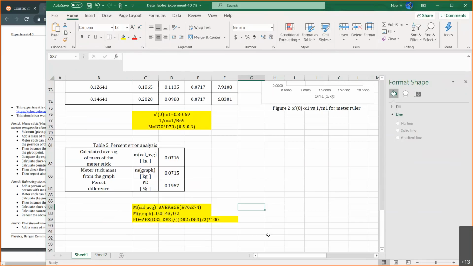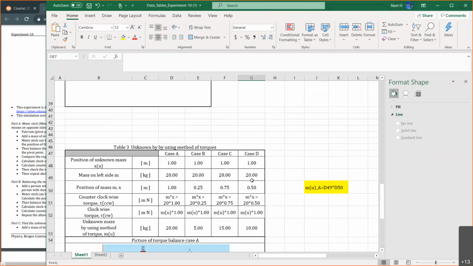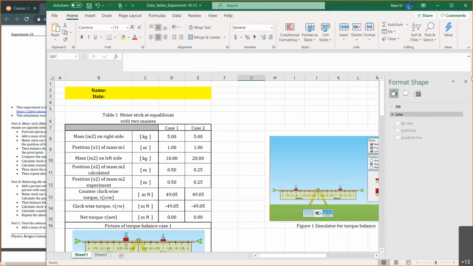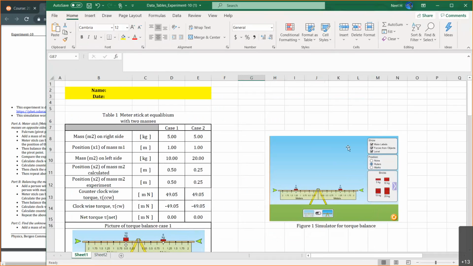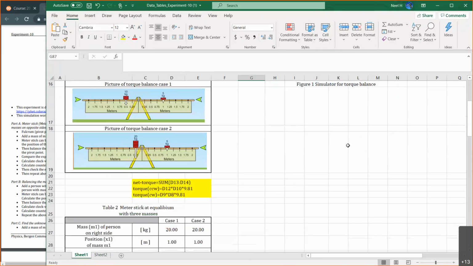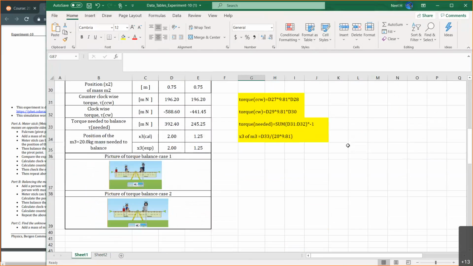All right, so that's about it for this lab. You can see it's not a serious lab, but still we can learn a lot of things, right? We learned about the equilibrium condition. Newton's laws by themselves are not enough, so we have to take a look at the extended, rotational version of Newton's laws, the torque. We use the torque balance equation to understand the equilibrium of the object, and then we measure even an unknown mass.